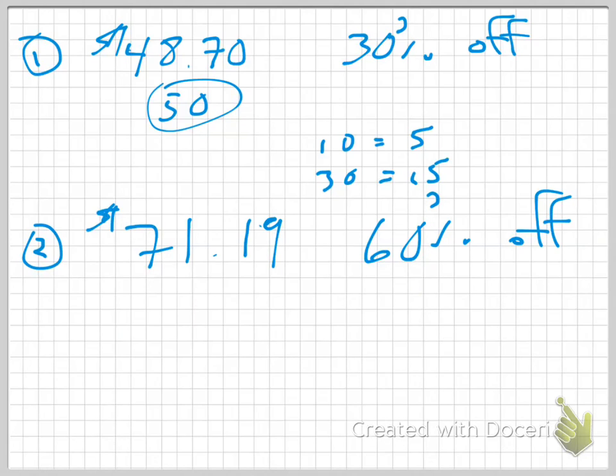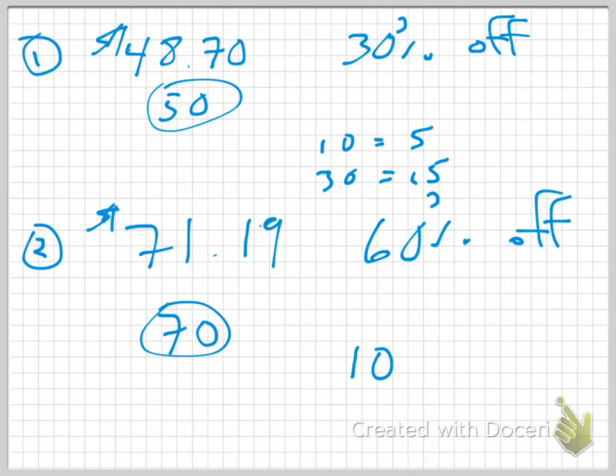The next one, number 2, $71.19. What should I turn that into? 70. I want to know what 60% off is. What do I do here? Find what 10% is. What's 10% of 70? 7.